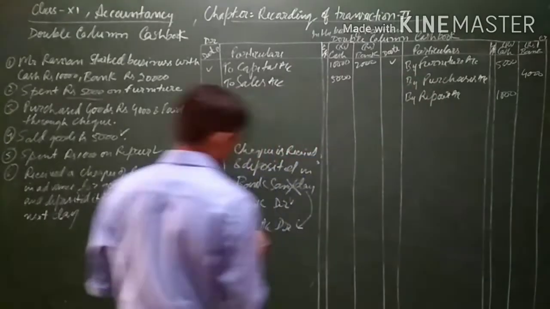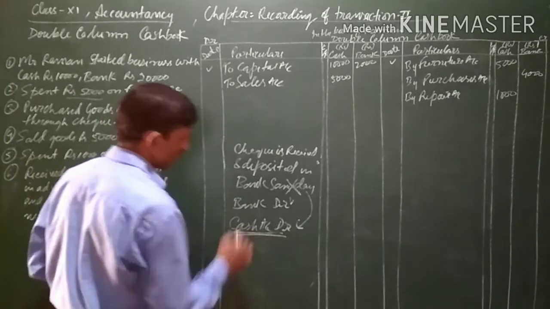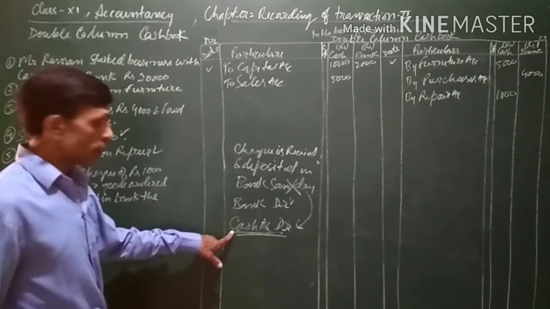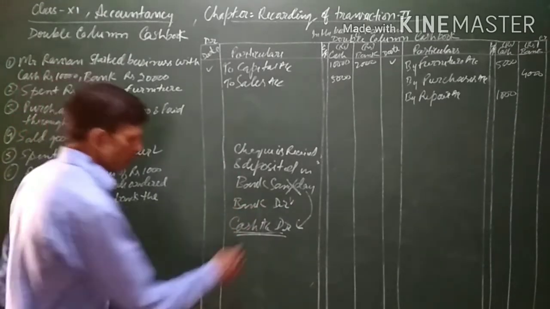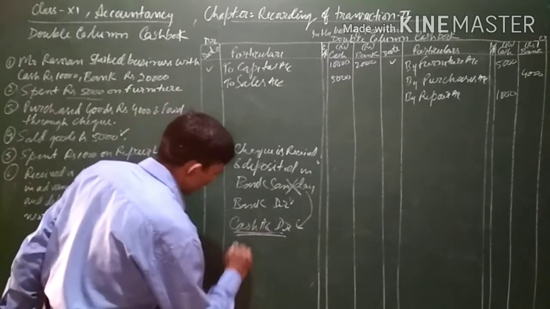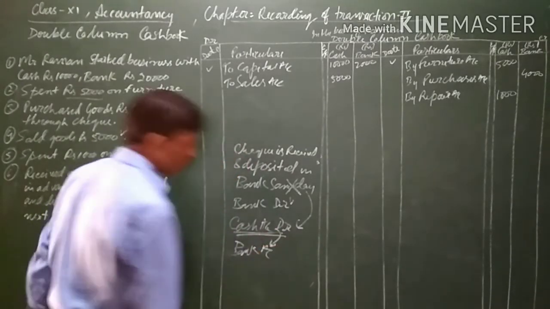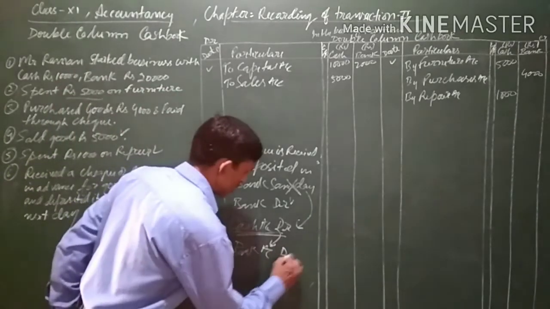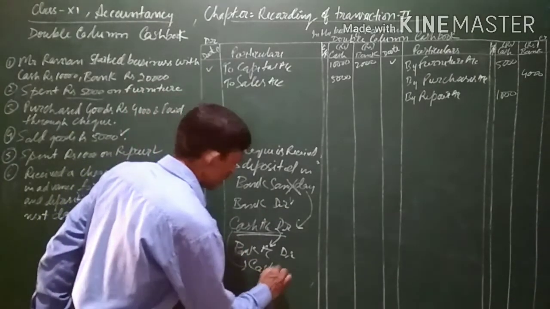Means we have received a check, but we will be debiting cash account, and when this check will be deposited after few days, at that time the bank account will be debited and we will be considering as cash going out of the business.